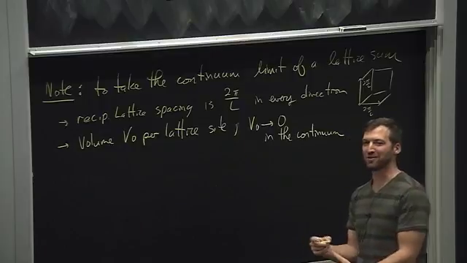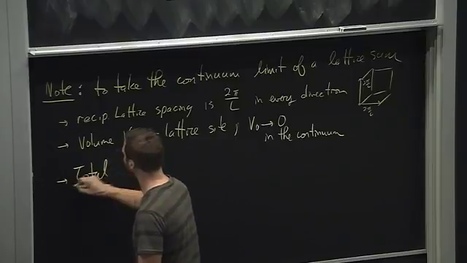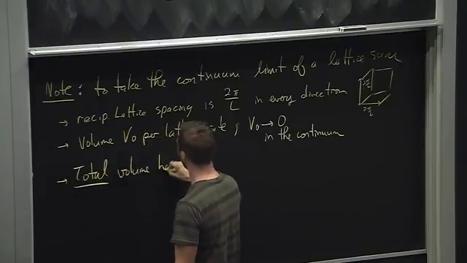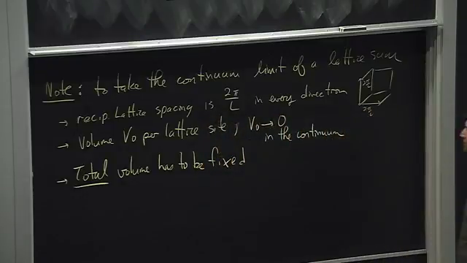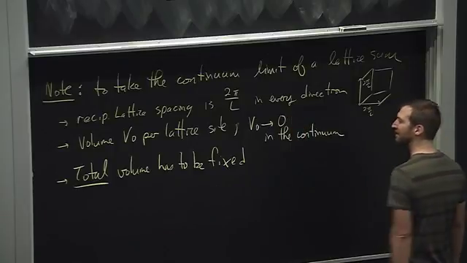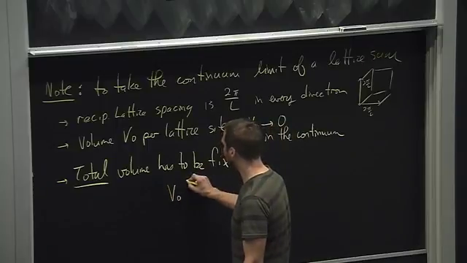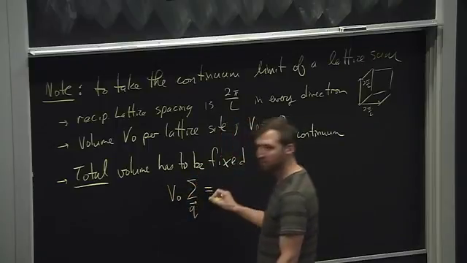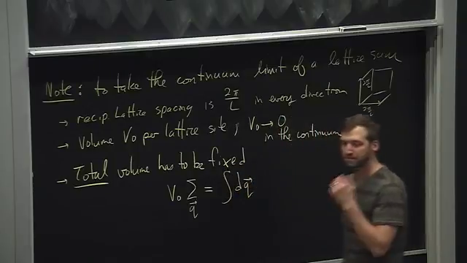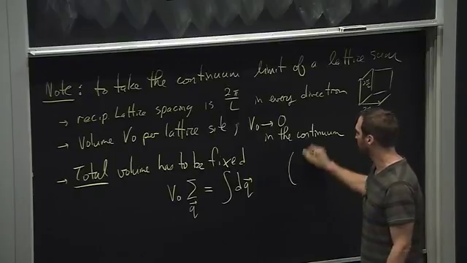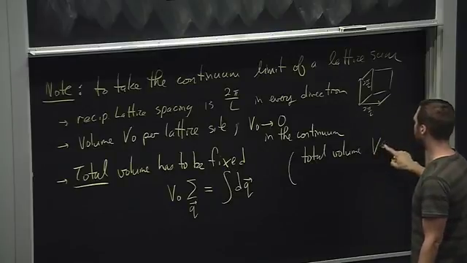You're not shrinking your sample down to 0, right? So you have reciprocal lattice spacing, which defines a volume. The total volume has to be fixed, so that V naught, say in Q space, times the sum is equal to that integral, d q. So total volume, say V in 3D, it's just L cubed, say.